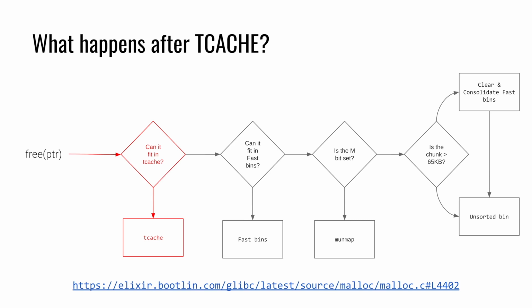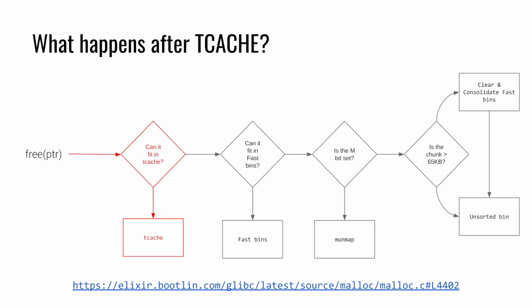Now, if it's something that is not able to go into TCACHE and it's not able to go into the fast bins, then it's going to end up in the unsorted bin. The unsorted bin is exactly what it sounds like. It is just an unsorted list where all chunks go if they don't fit into TCACHE or fast bins.